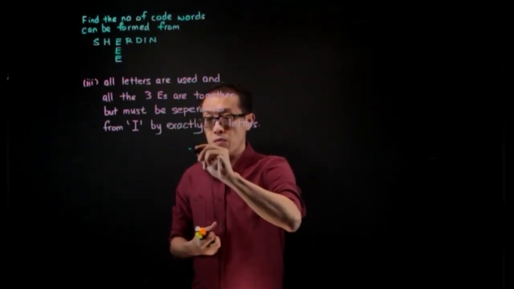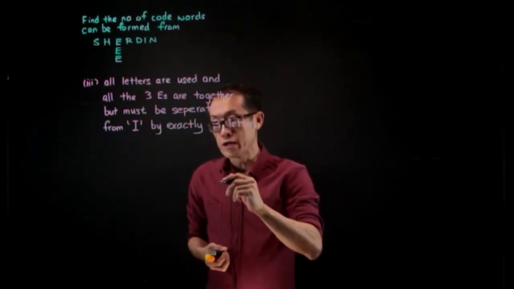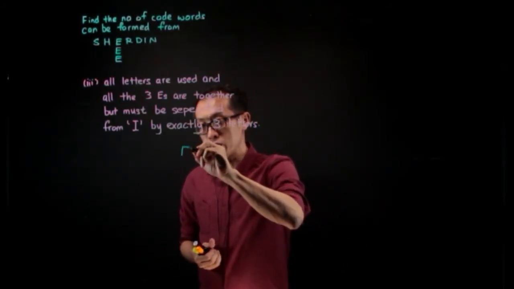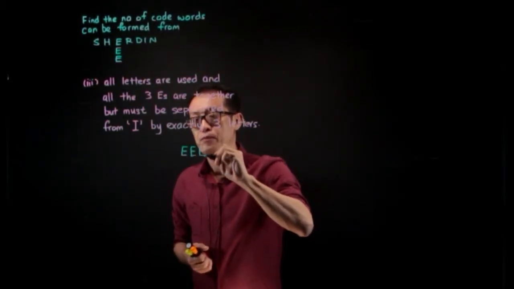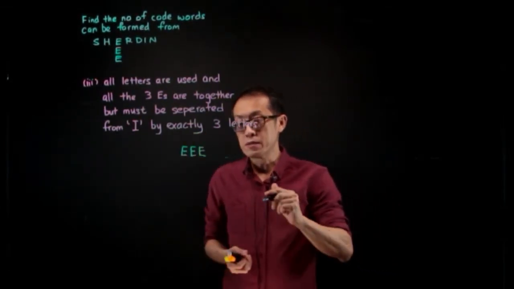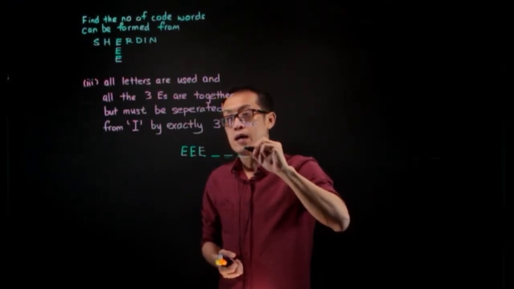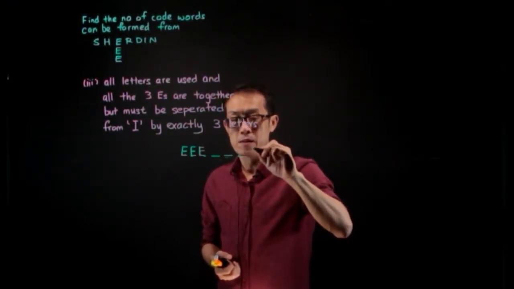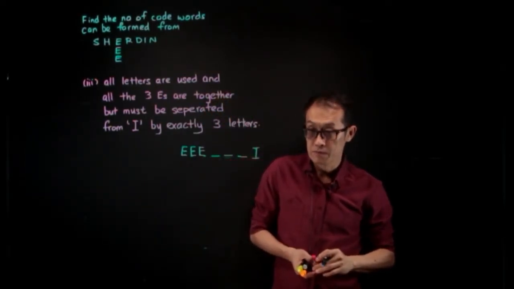Now, the 3 E's are together. How do we ensure that the 3 E's are together? So we treat them as one entity. So imagine this is the 3E. Then they are to be separated by exactly 3 letters from I. So this is one option.